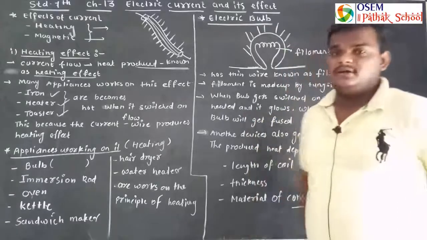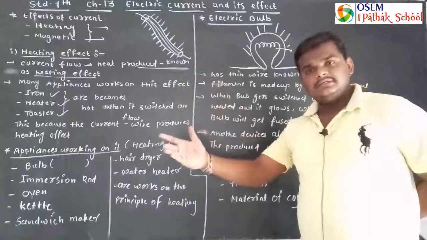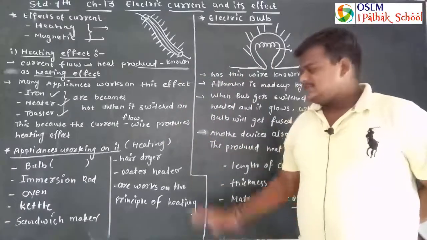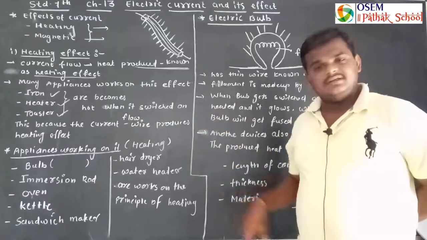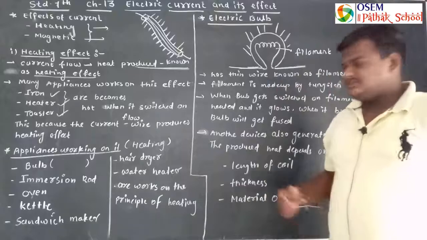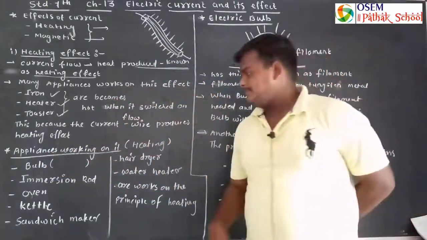In the 10 rupees bulb, more heat is generated. What is inside the bulb, we will clear in the next topic. So the first appliance working on the heating effect is the bulb.